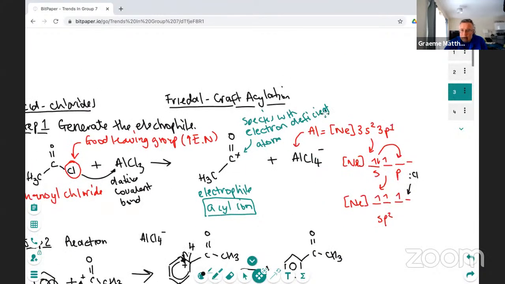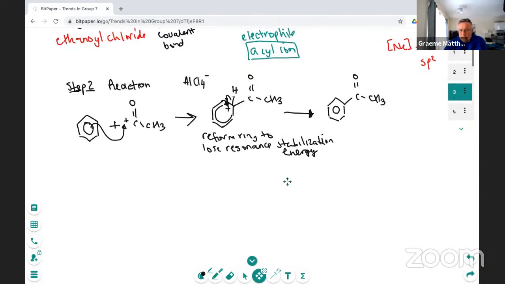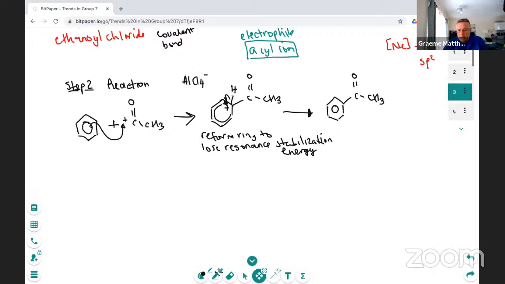So you're thinking, this is my catalyst. Our definition of a catalyst is something which lowers the activation energy of a reaction by providing an alternative pathway and is regenerated, it's not used up. And so one of the chlorides from AlCl4 is what picks up the hydrogen.